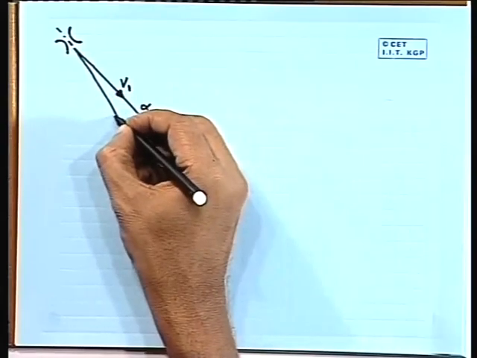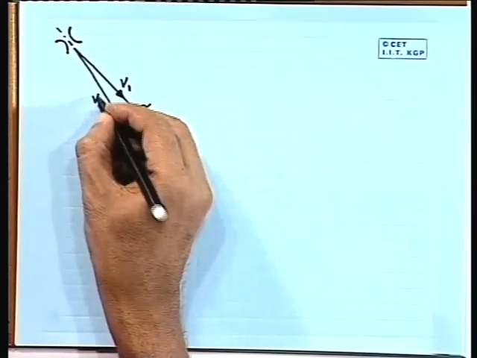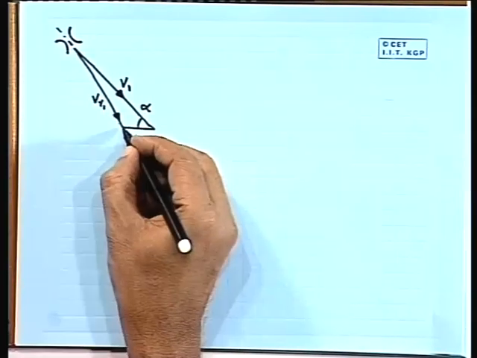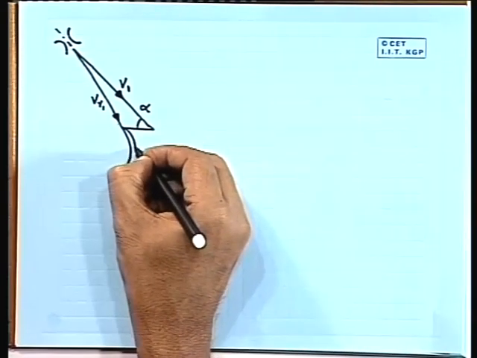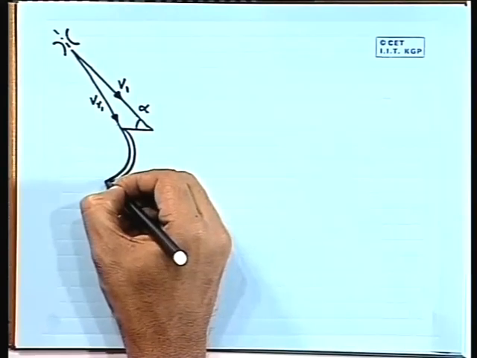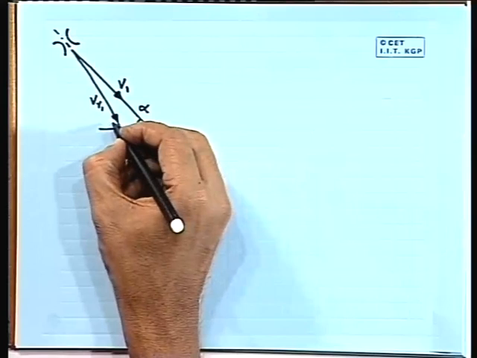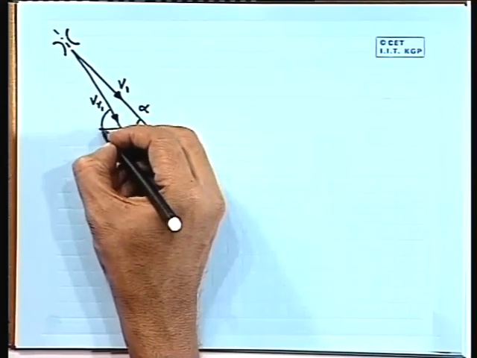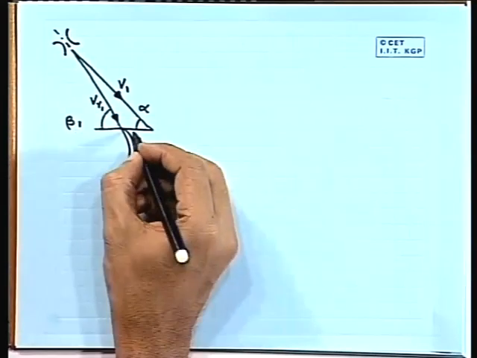Here this is the relative velocity of steam as it enters the blade passage. This is the blade passage. This angle is known as blade inlet angle, and this is denoted as beta 1.